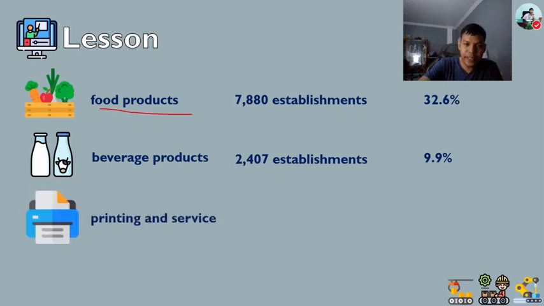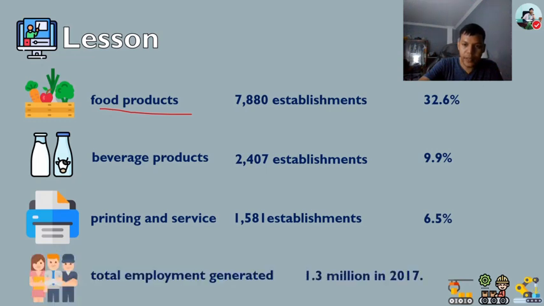And printing and service activities related to printing ranked third with 1,581, or 6.5% of establishments. And the total employment generated by the manufacturing establishments reached 1.3 million in 2017.